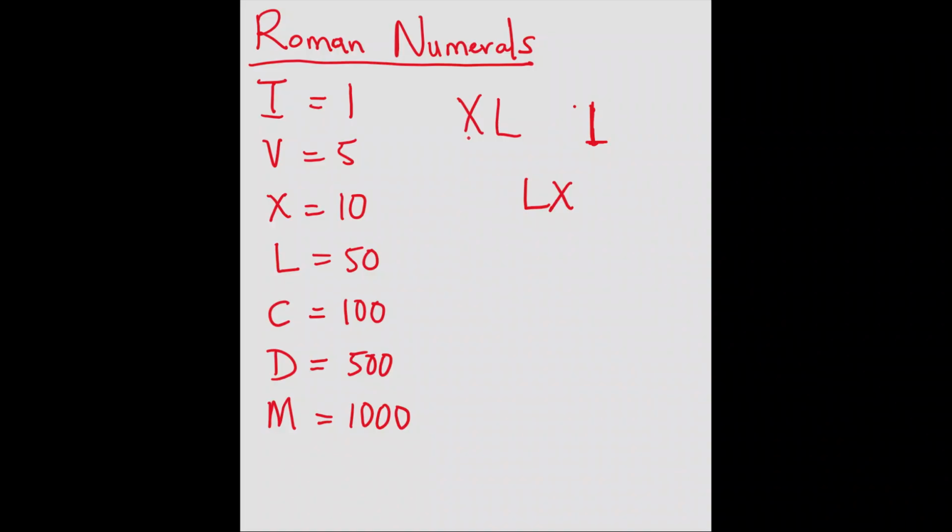We see that X is 10 and L is 50. And here L is 50 and X is 10. So in the first one, XL, you see that X is the smaller one, which is 10, and X is written before L. So in this case, we do 50 minus 10, which is 40.